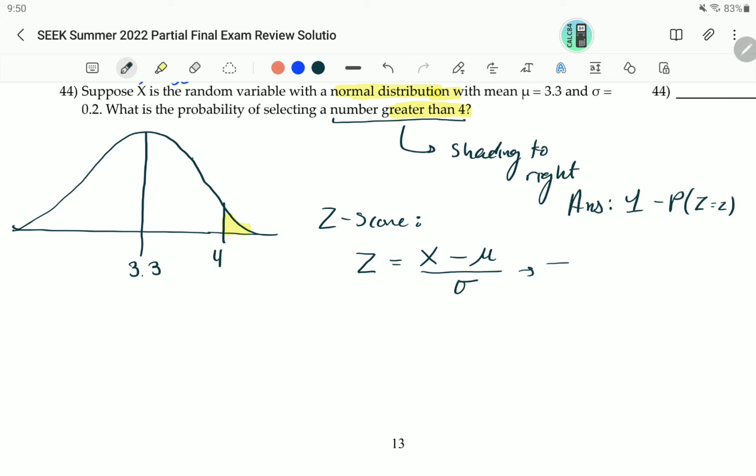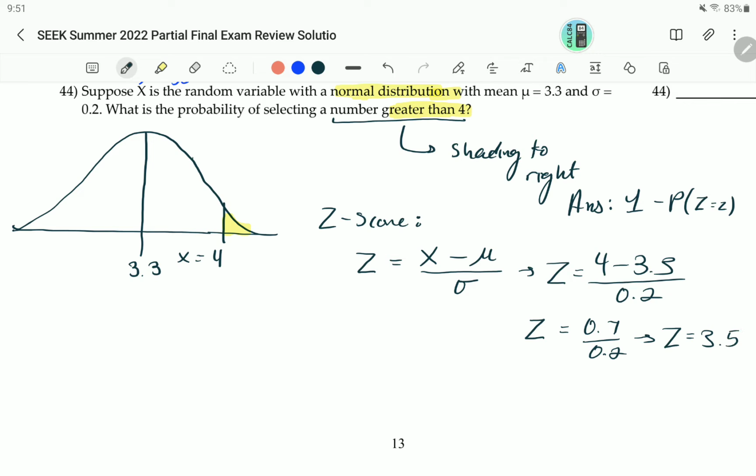So z is equal to x, which is 4, minus mu, which is 3.3, that's my mean, divided by sigma, which is 0.2 as the standard deviation. 0.7 divided by 0.2. Z is equal to 3.5. Now we have to find the probability that z is equal to 3.50.